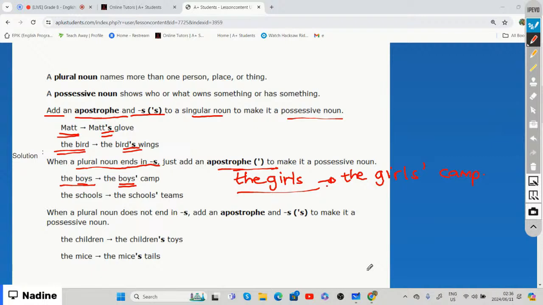So when a plural noun does not end in an S, we add an apostrophe and an S to make it a possessive noun. For example, the children or the mice. So we don't say the mouses, we say mice. We don't say the childs, we say children.